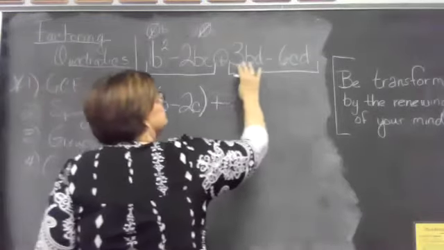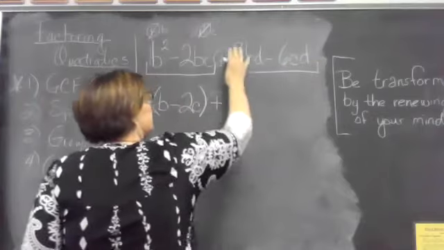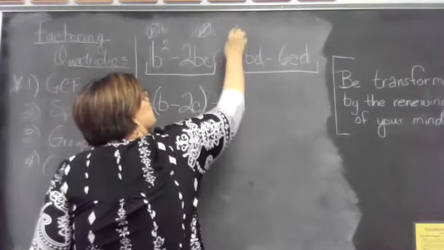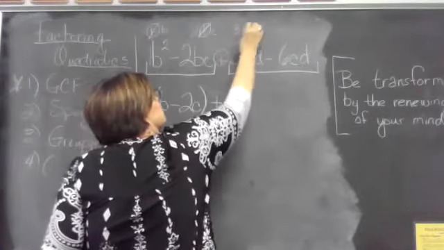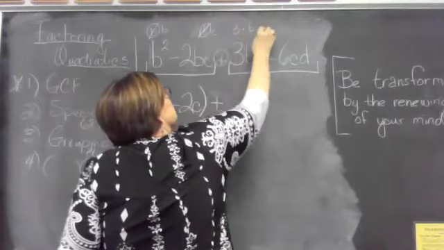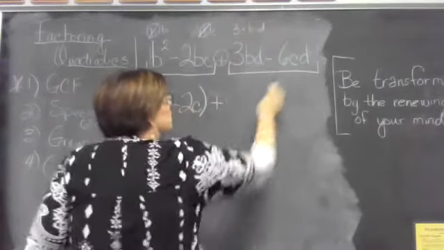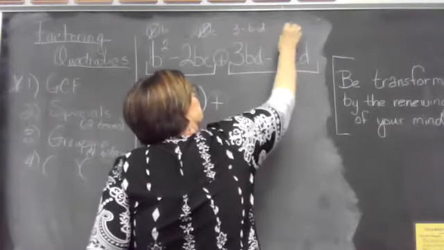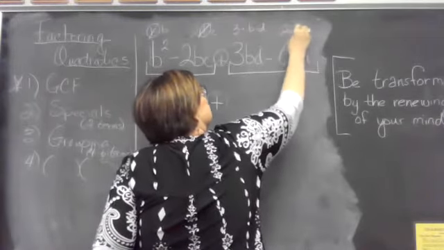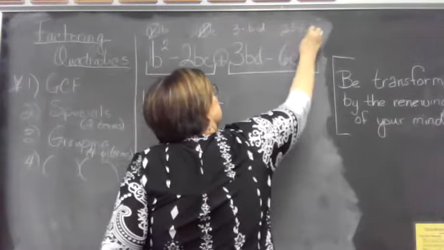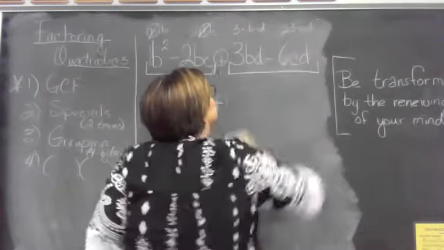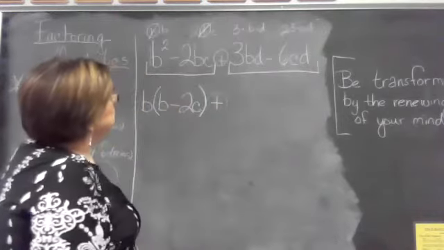Let's look here in just this grouping now. I have a 3, I'm going to ignore the 1, times B times D. And here I have 2 times 3 times C times D. Y'all see?